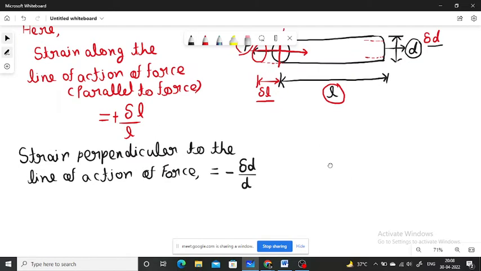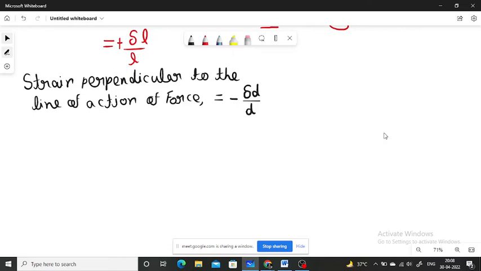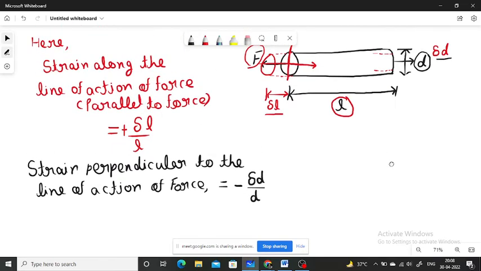According to the definition of the Poisson's ratio, here this strain will be known as longitudinal strain or linear strain.